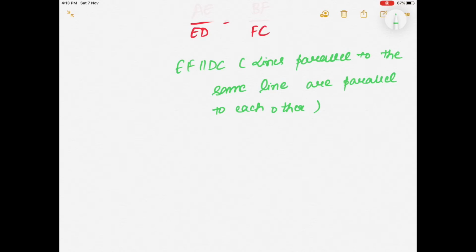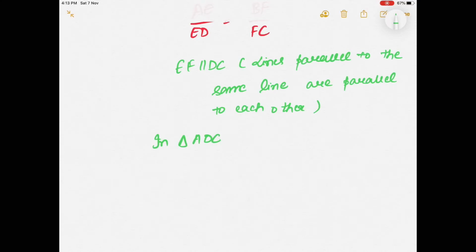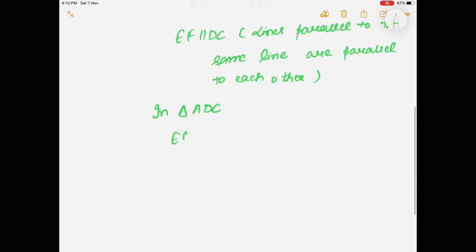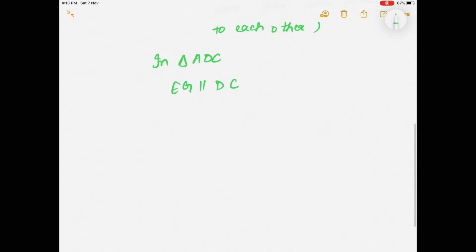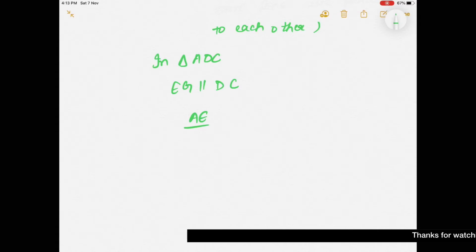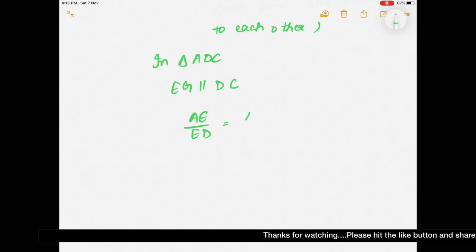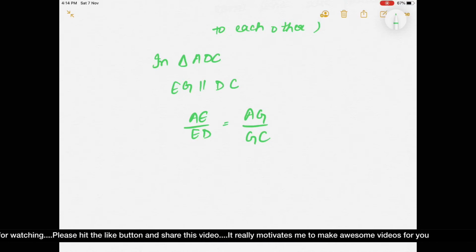So now in triangle ADC, EG is parallel to DC as EF is also parallel to DC. So now from theorem 6.1, AE by ED is equal to AG by GC.